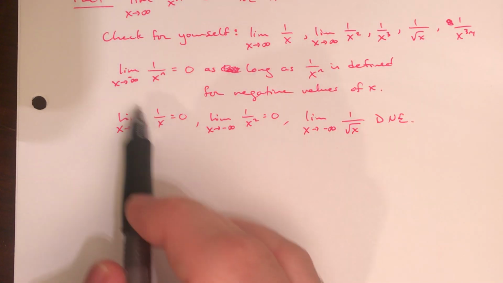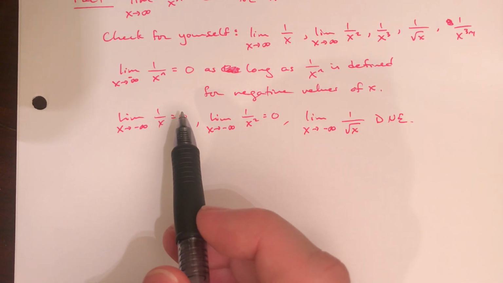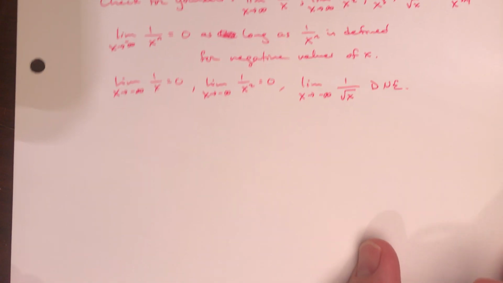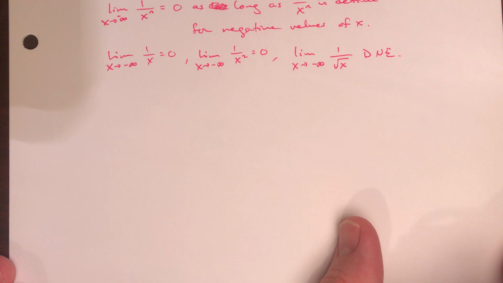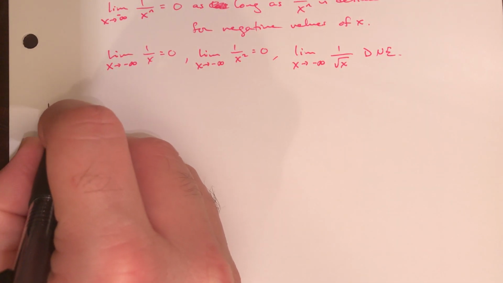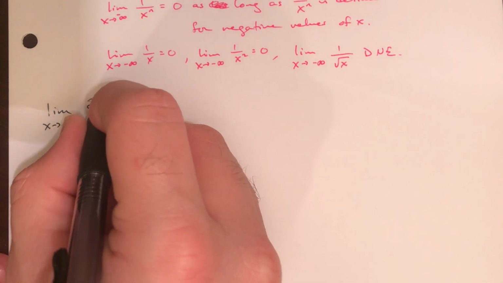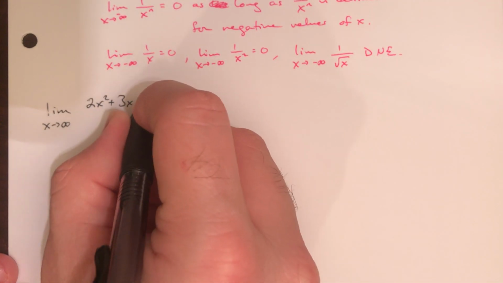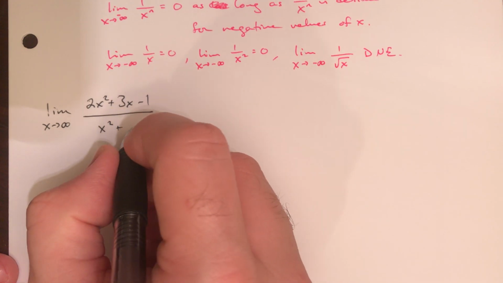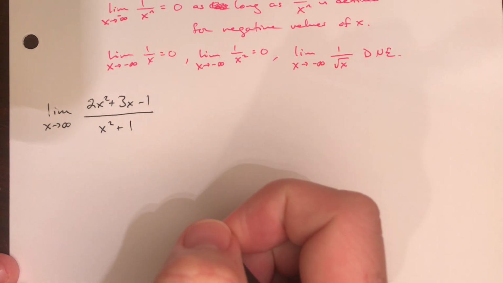And so it is these facts that are going to allow us to put together some algebraic techniques for finding these limits. So let's go back to the limit as x goes to infinity of (2x squared plus 3x minus 1) over (x squared plus 1).